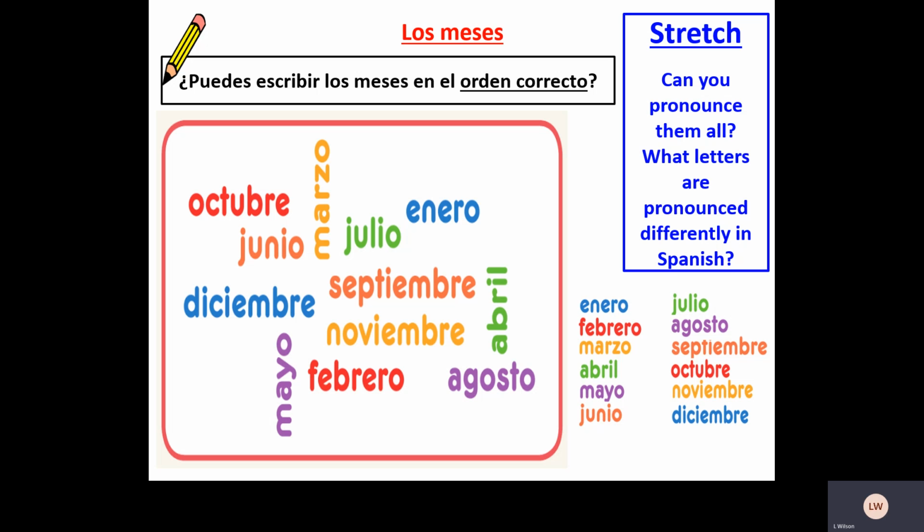So here we go. Here are the answers written out in the correct order. Spend 1 or 2 minutes just checking that your spellings are perfect. Perfecto. Okay.